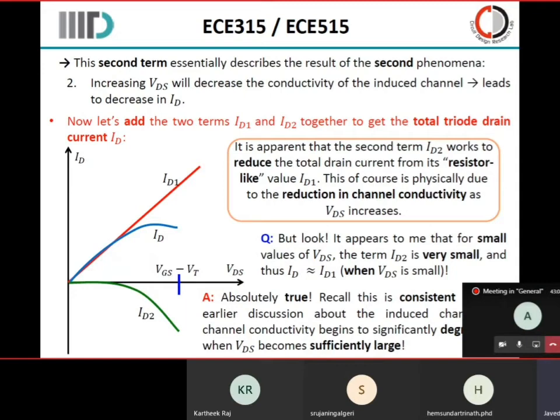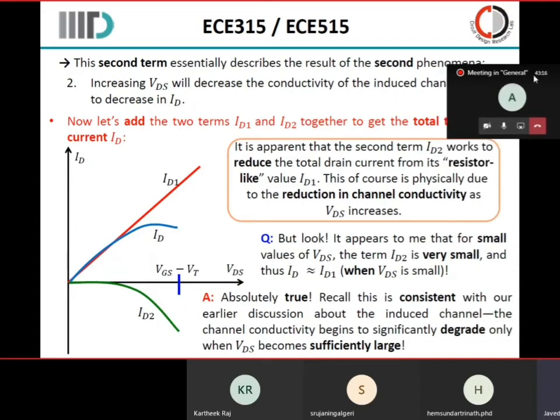The blue curve is typically following the red curve. So in that particular case, we can show that it is very consistent. At that range, you can say it works as a resistor. And it starts to degrade as the value approaches the VGS minus VT value. So you have the gm, the channel conductivity, reducing, and that is why your current is also getting saturated.